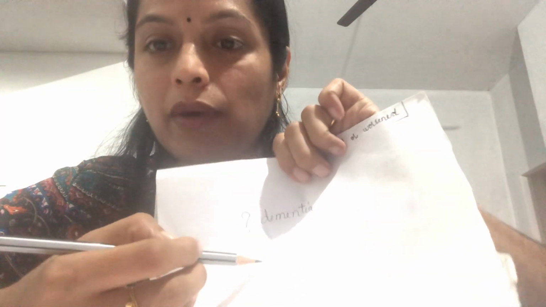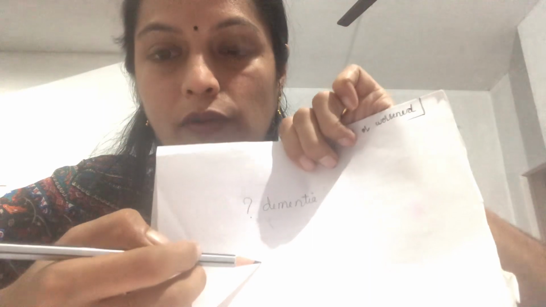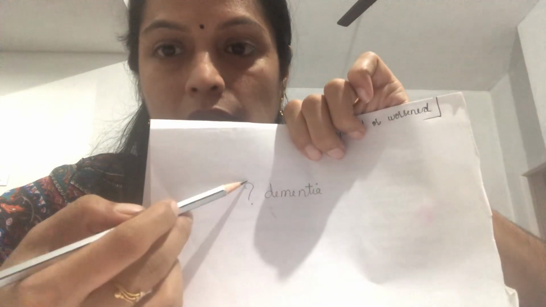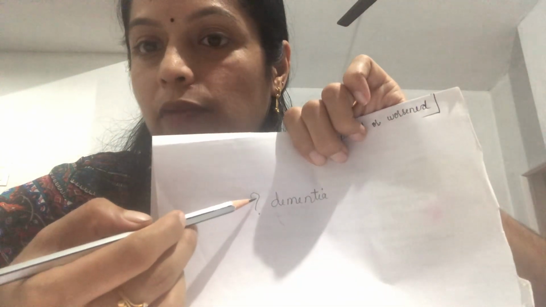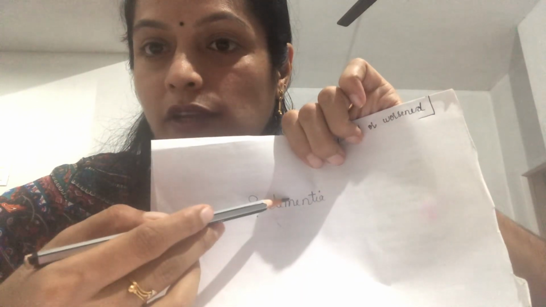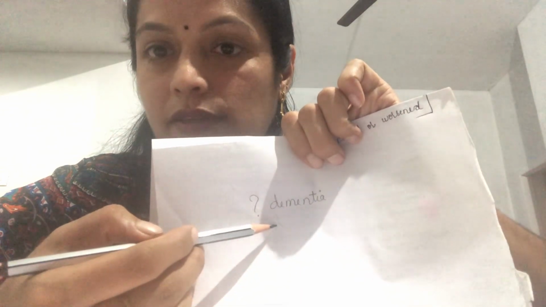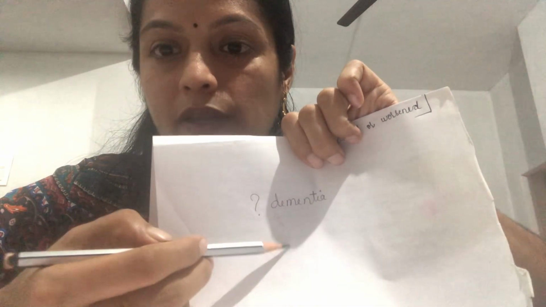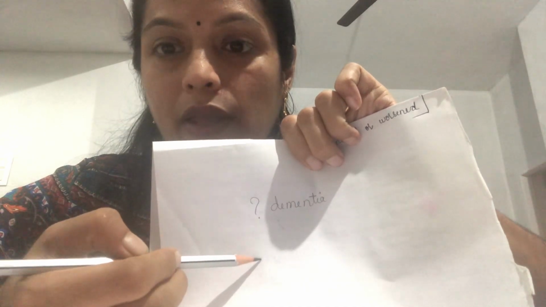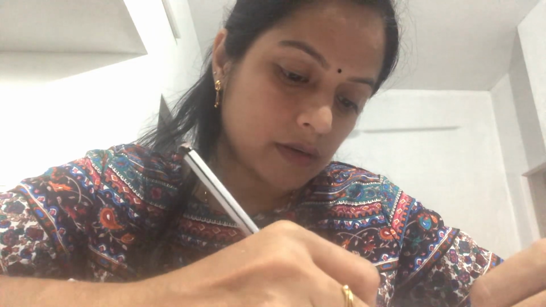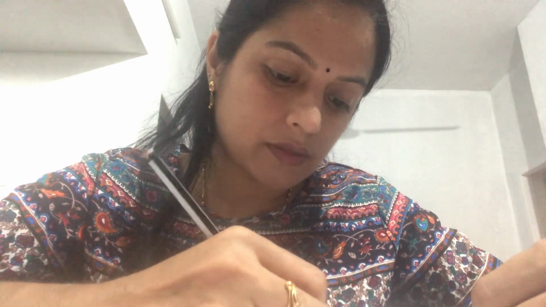After the treatment they will be doing an MRI. Listen carefully. Initially they will mention question mark dementia. After that they will start some treatment. After some days they will do an MRI or CT scan. They will mention treatment, next MRI, dementia.